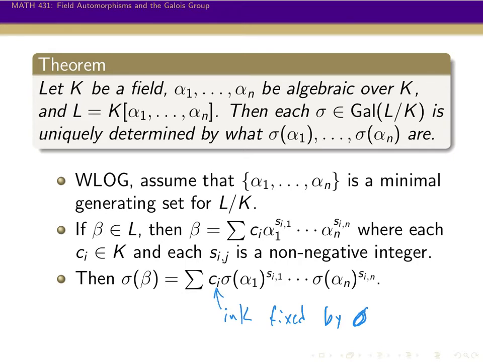Similarly, if I apply sigma to the monomial alpha 1 to a power times up to alpha n to a power, by the rules of isomorphisms and homomorphisms, I can distribute it all the way through and get sigma of alpha 1, pull the power out, times sigma of alpha n, pull the power out. Knowing what each of the sigma of alpha i's are tells me what sigma of beta is going to be.